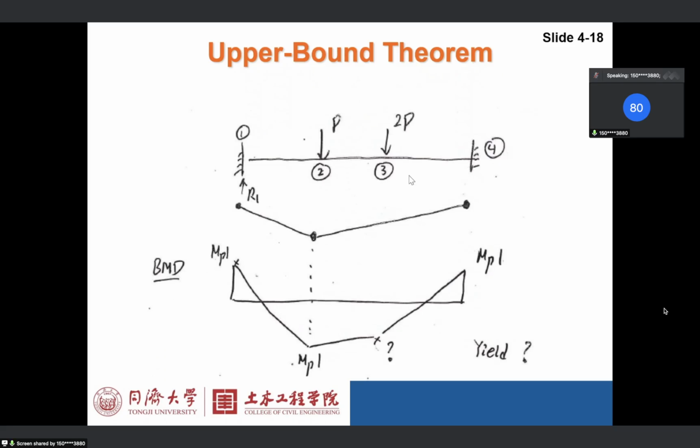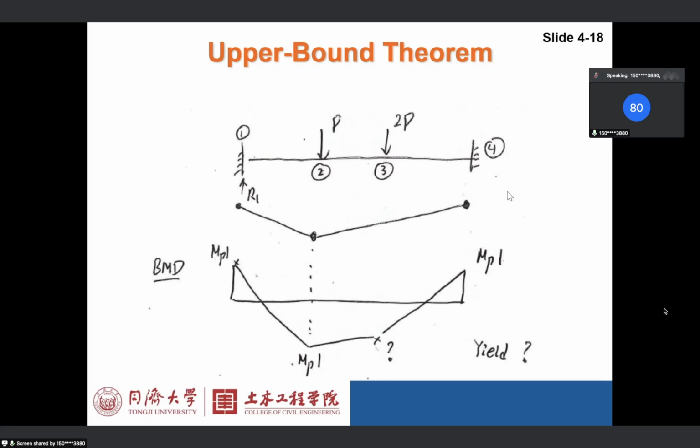This is a beam. We have 4 points, 1, 2, 3, 4, and this is 1/3 of L, 1/3 of L, and 1/3 of L. So there are 2 point loads applied at the third points of the span. This is P, and this is 2P.